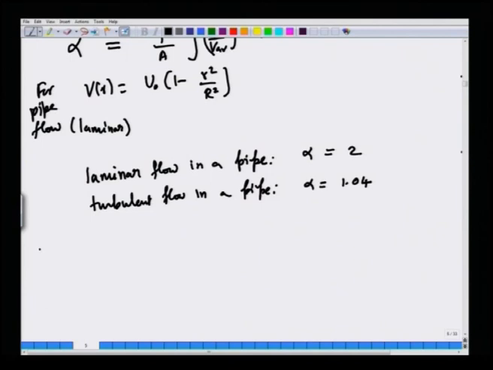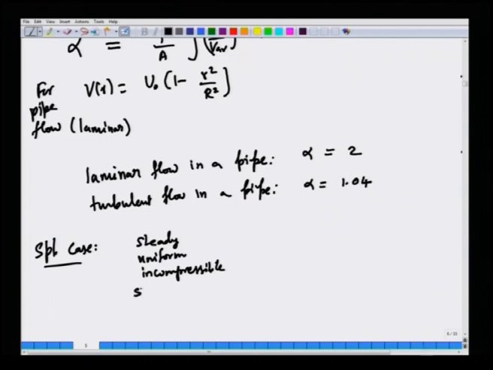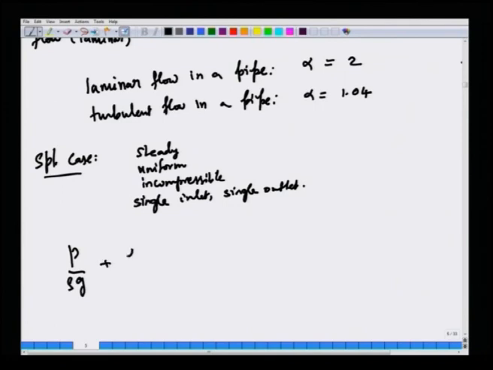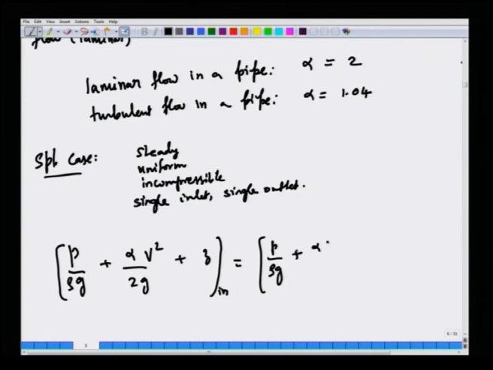For the simplest special case of steady flow, incompressible fluid, and single inlet, single outlet, you get P by rho g plus alpha V squared by 2 g plus Z at inlet is P by rho g plus alpha V squared by 2 g plus Z at outlet plus the head due to shaft work plus the head due to losses, viscous losses.